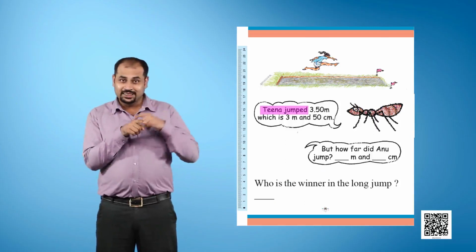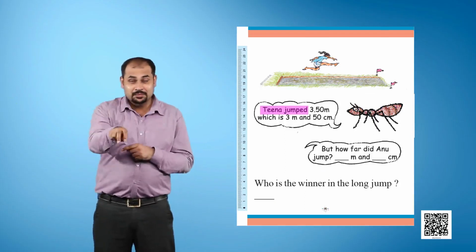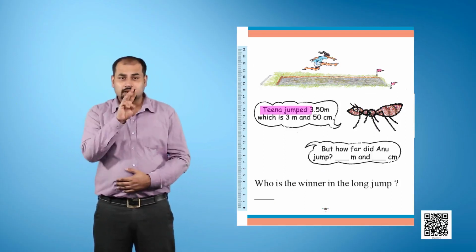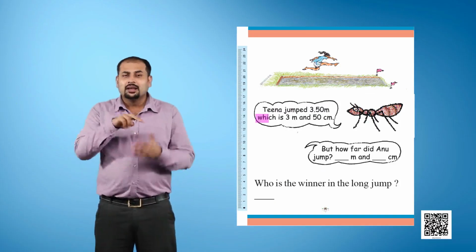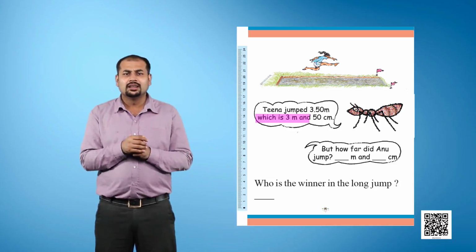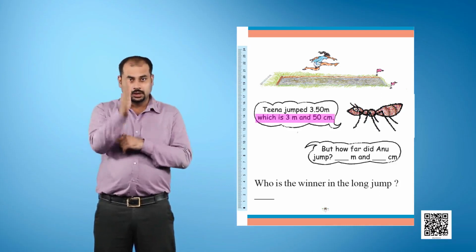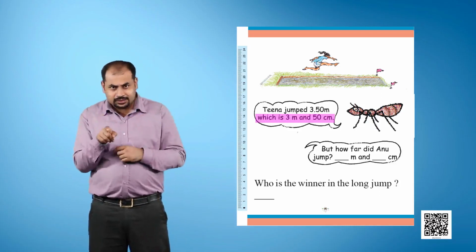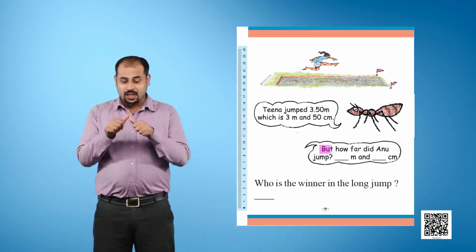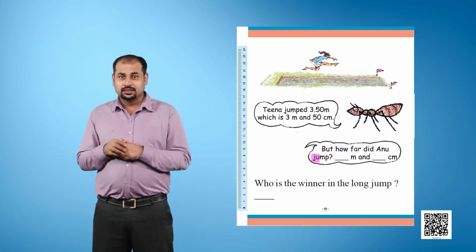Tina jumped 3.50 meters, which is 3 meters and 50 centimeters. But how far did Anu jump?